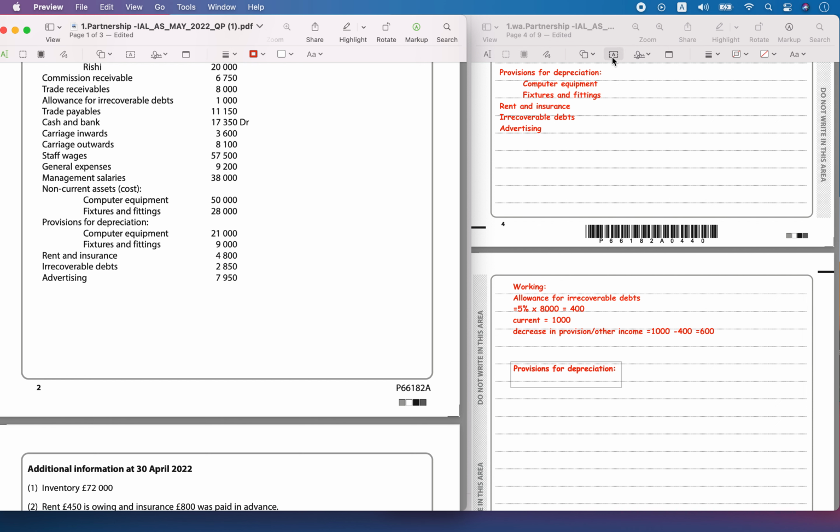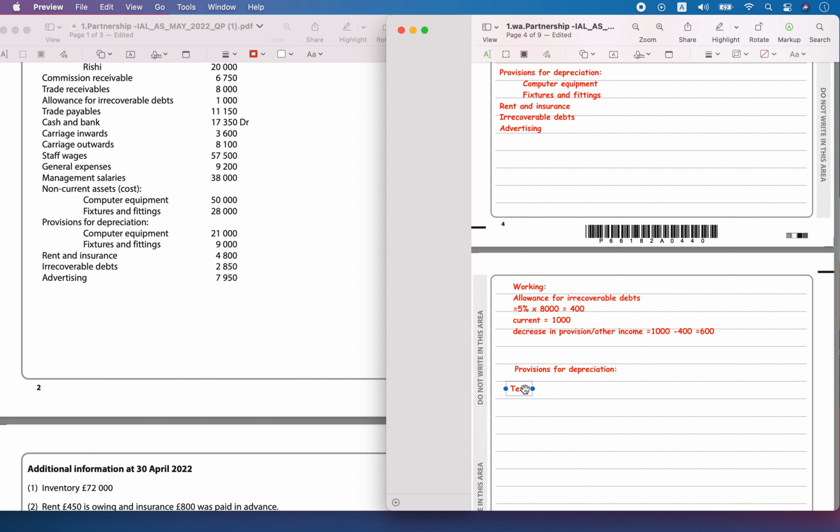The depreciation expense will be cost minus accumulated depreciation, times the rate.